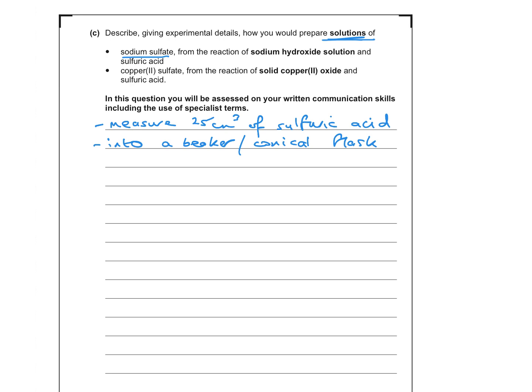I'm going to then need to know when I've added enough sodium hydroxide solution, so I'm going to have to put an indicator in here. For example, I could use phenolphthalein. And then I'll add the sodium hydroxide solution until the indicator changes from colourless to pink.